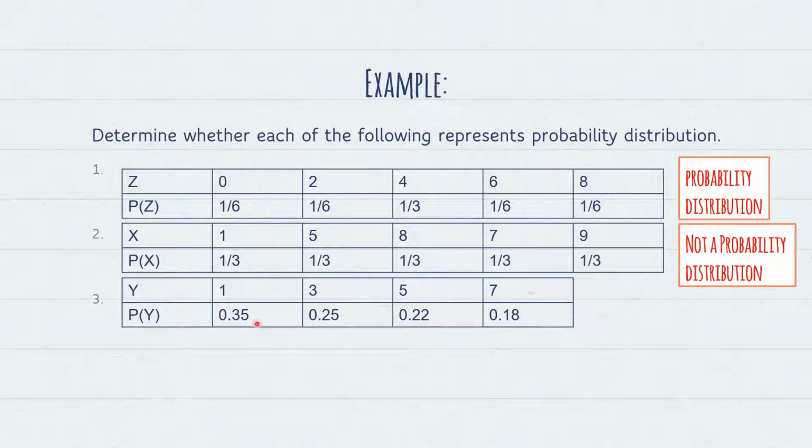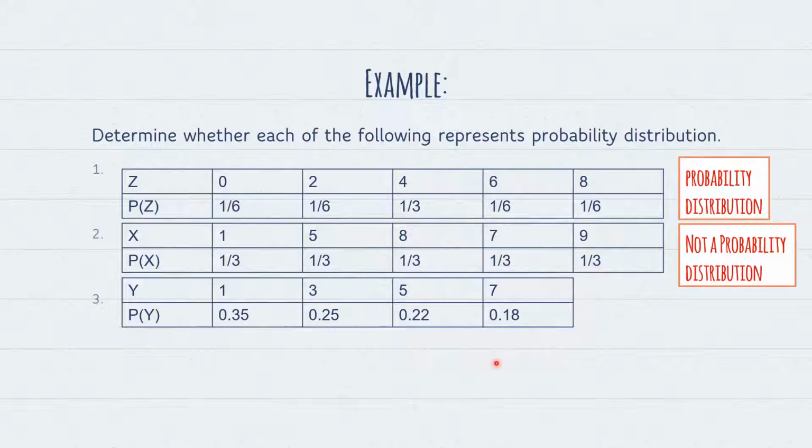Looking at the probabilities, 0.35, 0.25, 0.22, and 0.18, the probability for each random variable is between 0 and 1. There is nothing less than 0, which is a negative number, and nothing greater than 1.